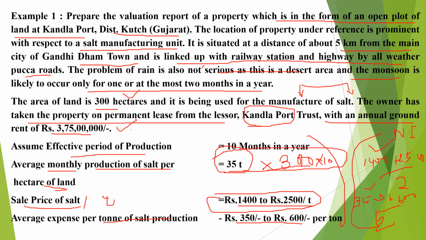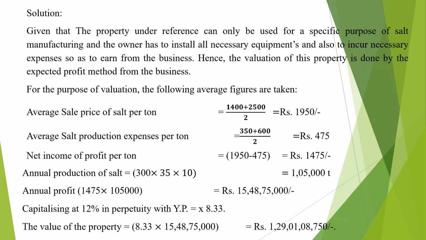Net income per ton you can calculate this way, and total production is known to you. You can calculate the total net profit from this data, and we will convert this net profit into capitalized value by multiplying it with YP.